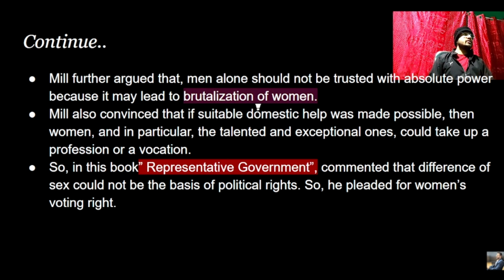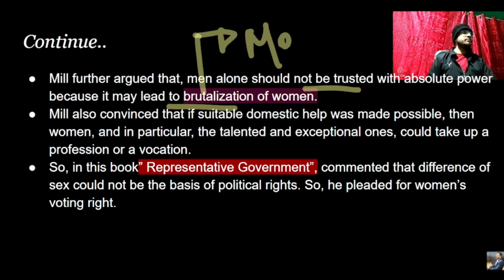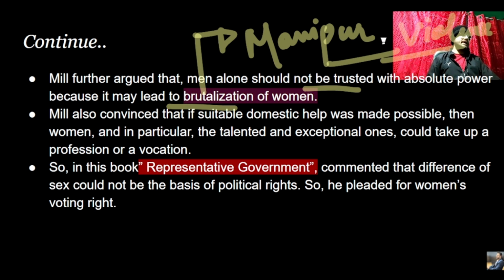Mill further argued that men alone should not be trusted with absolute power because it may lead to brutalization of women. And the recent very heinous act that we have seen was the Manipur violence. How brutal, how heinous it is for the entire humankind that women were paraded naked.